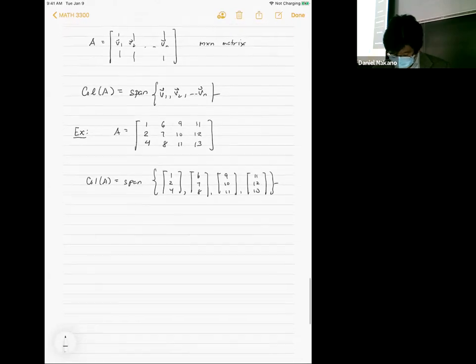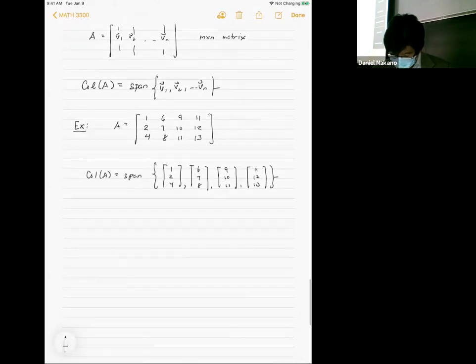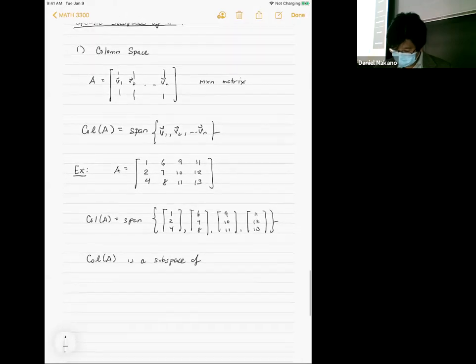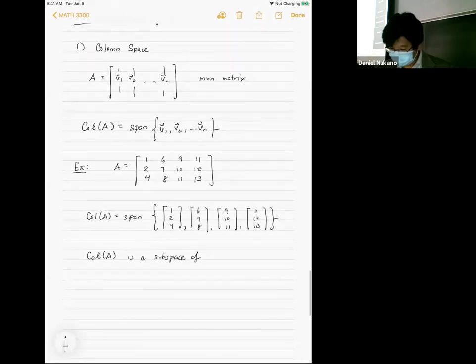And we know that the column space, because it's a span, is a subspace of R3 in this case, but in general, Rn, because the tuples lie inside of Rn.